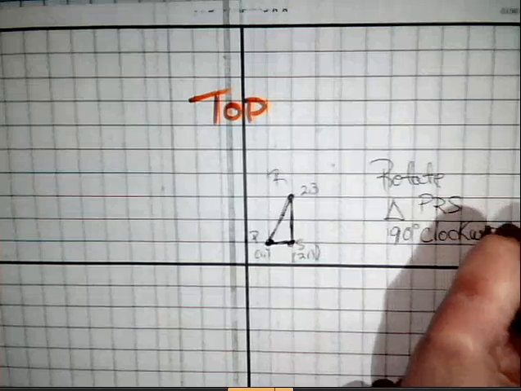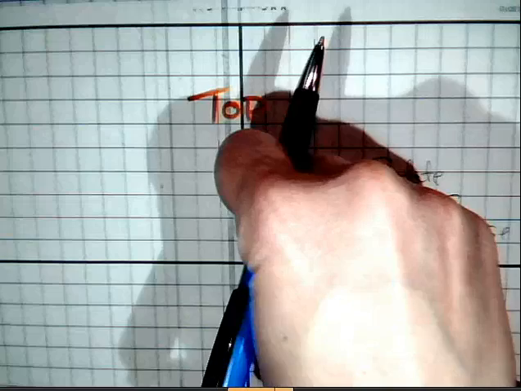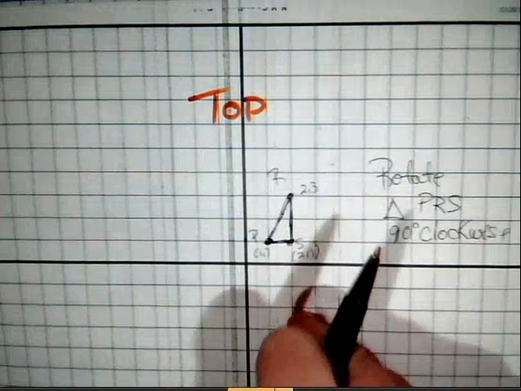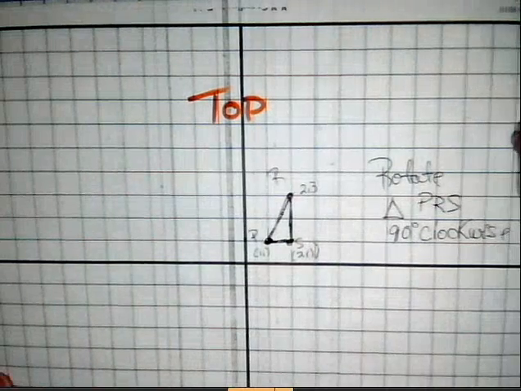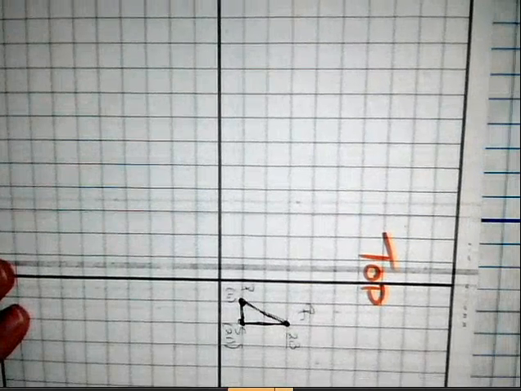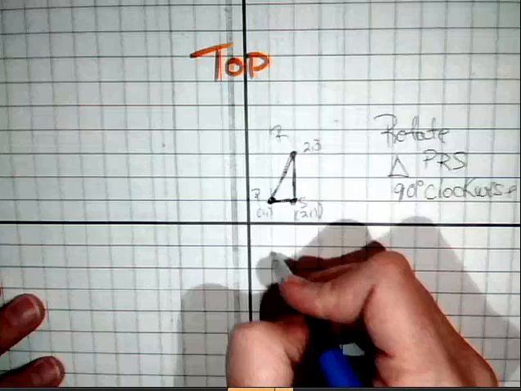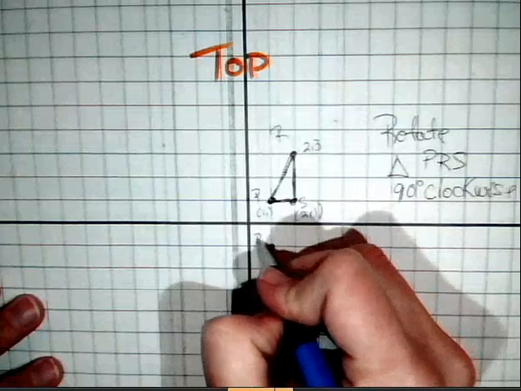So now let's think about this. If I'm taking this triangle and I'm going 90 degrees clockwise, it's going to land here in quadrant 4. So take your paper, rotate it 90 degrees clockwise, and I'm at right 1, down 1, so spin it back. Right 1, down 1, there's my P prime.